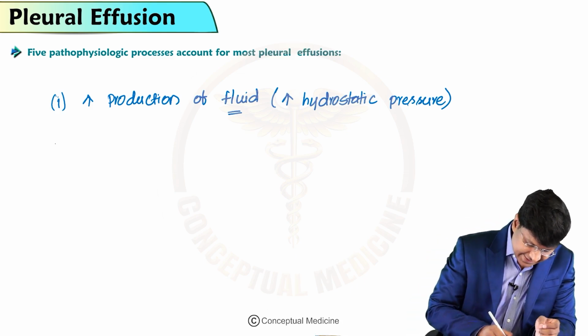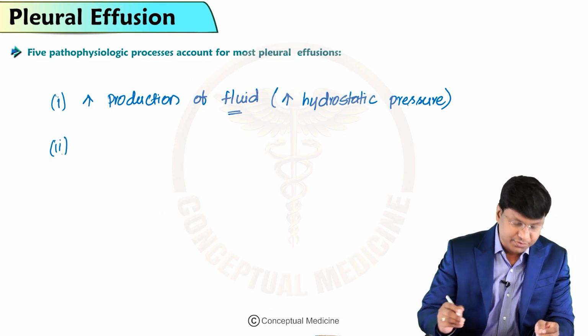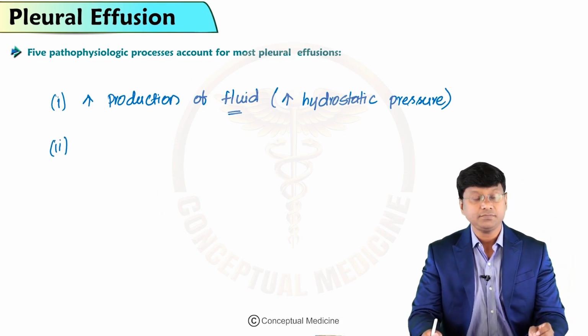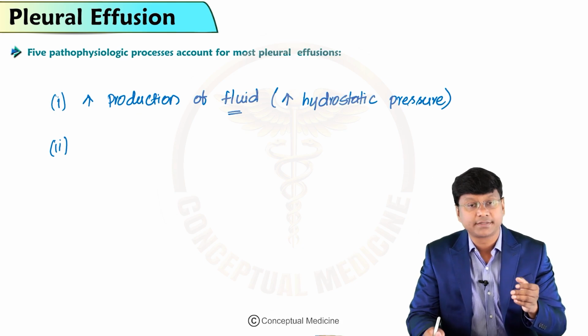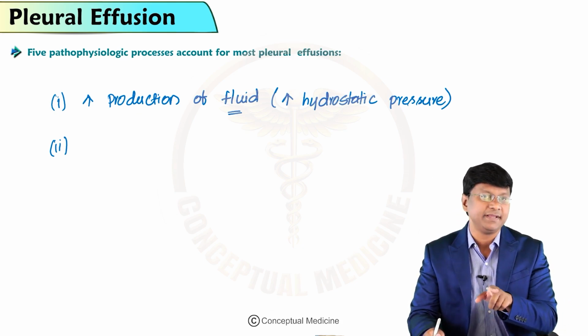Next, the second pathophysiological process which accounts for pleural effusion is increased production of the fluid due to abnormal capillary permeability.